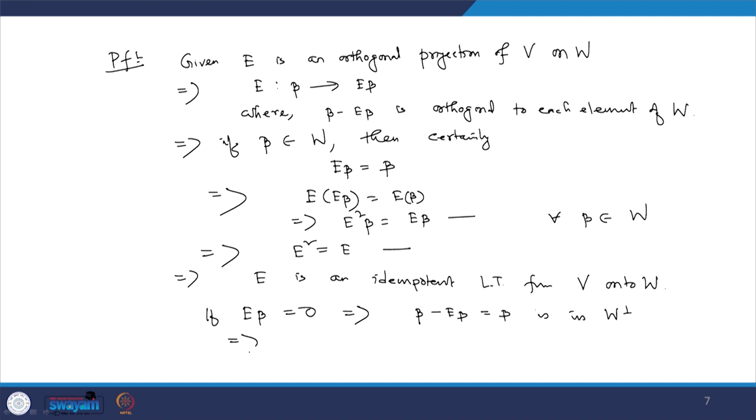So, this implies E beta equal to 0 implies beta belongs to the null space of E. So, this implies any element of the null space of E is also an element of W complement.